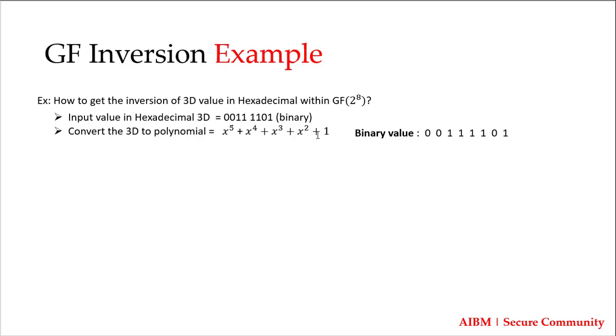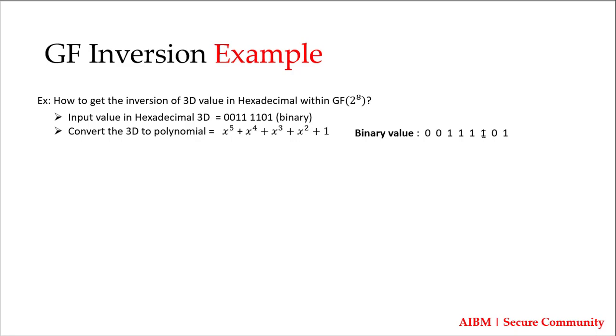Now we have another question: how to convert 3D to a polynomial? First, we take the binary value of 3D in hexadecimal and convert it to binary.